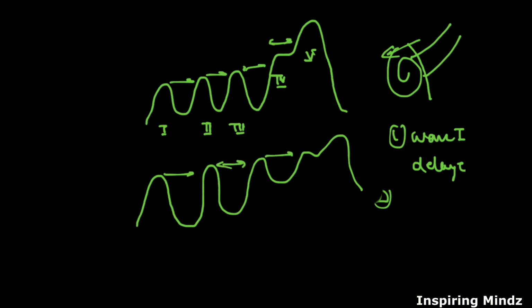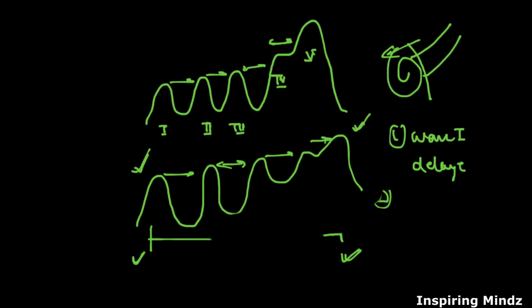So what does this indicate? There is some pathology between the distal portion of the cochlear nerve and the lateral lemniscus.